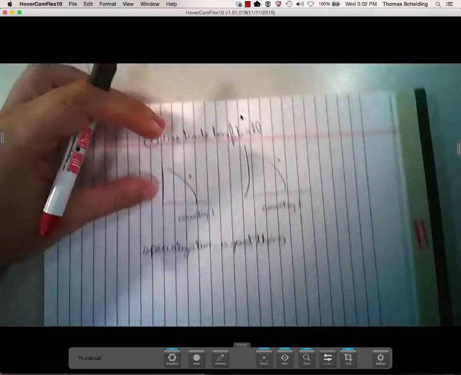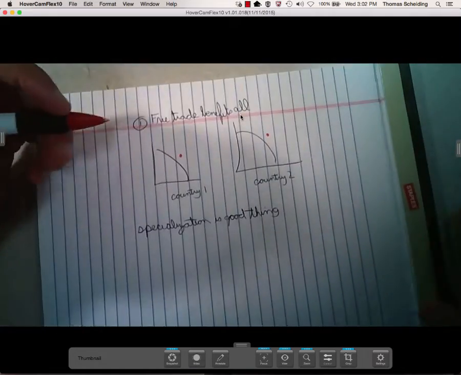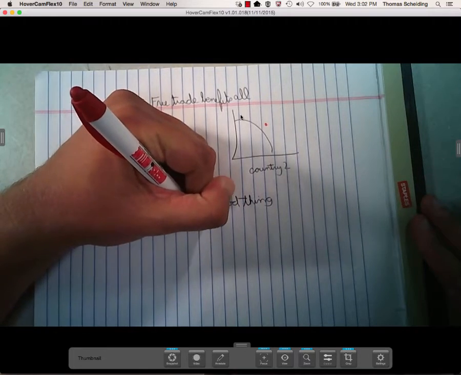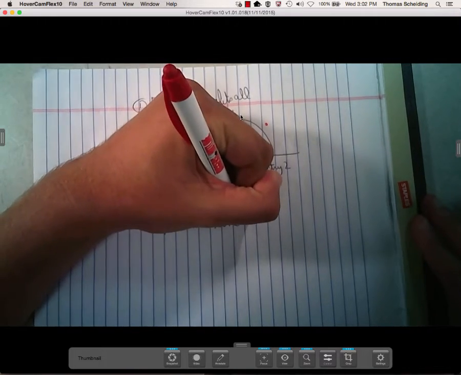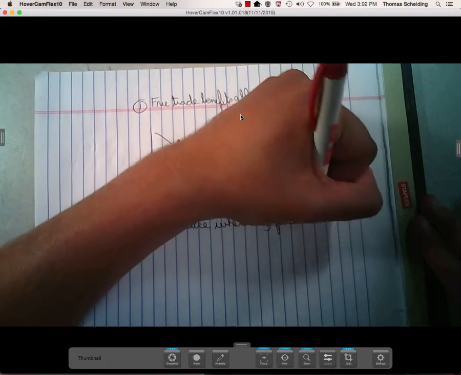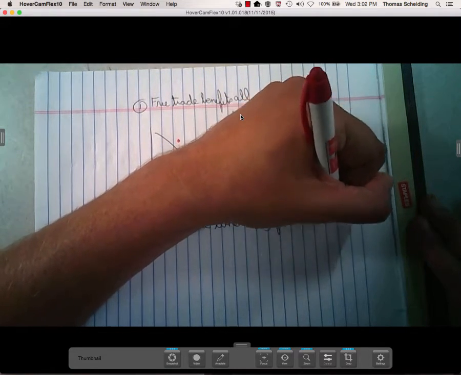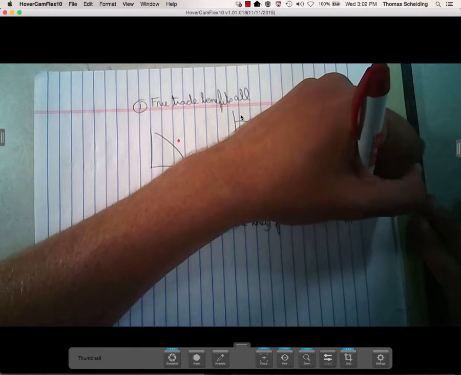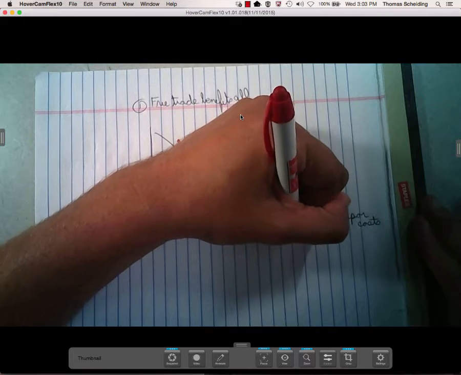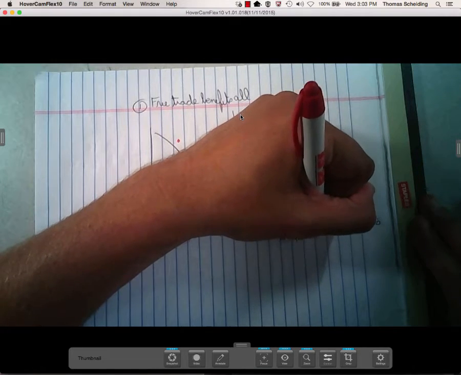And what we mean by specialization is that countries should produce where they face the lowest opportunity costs, or essentially where they have the comparative advantage.